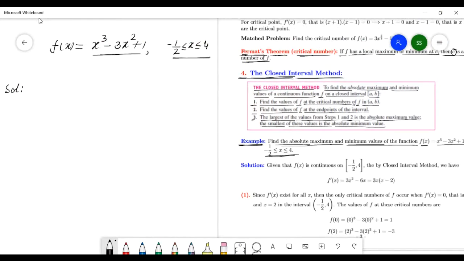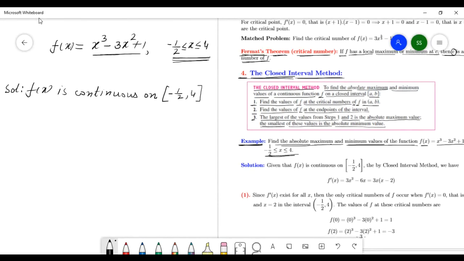This given function is polynomial. You know, polynomial is continuous everywhere. So this function f(x) is continuous on this interval, minus 1/2 to 4.